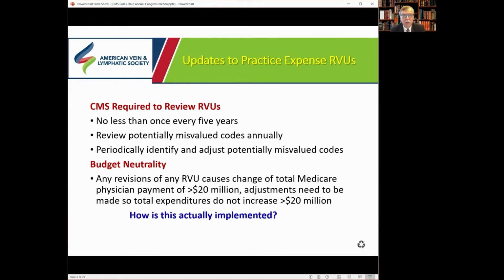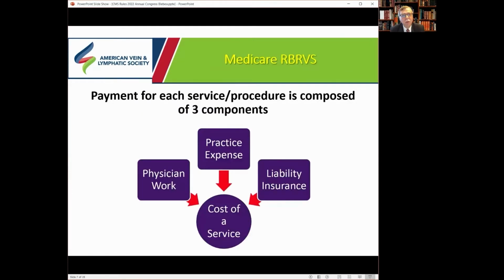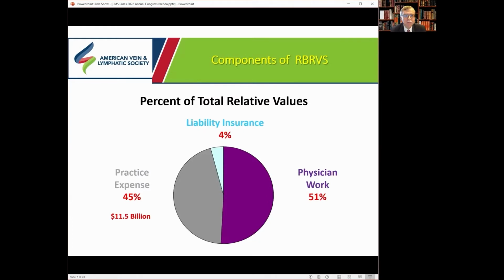So how is this actually implemented? Medicare pays for the cost of a service based on 3 components: the amount of work the physician does, liability insurance, and practice expense that we've been talking a little bit about already.